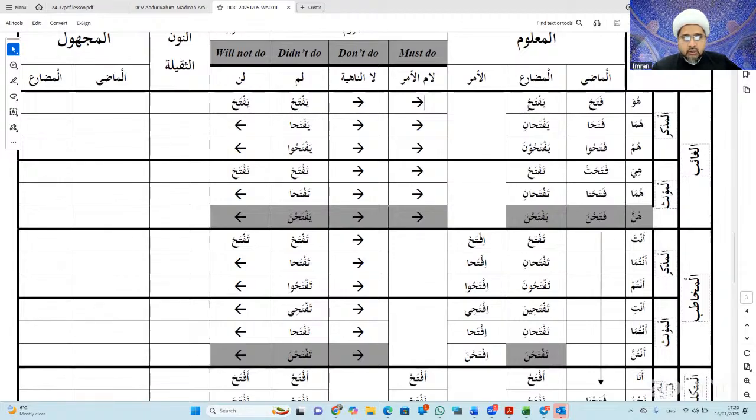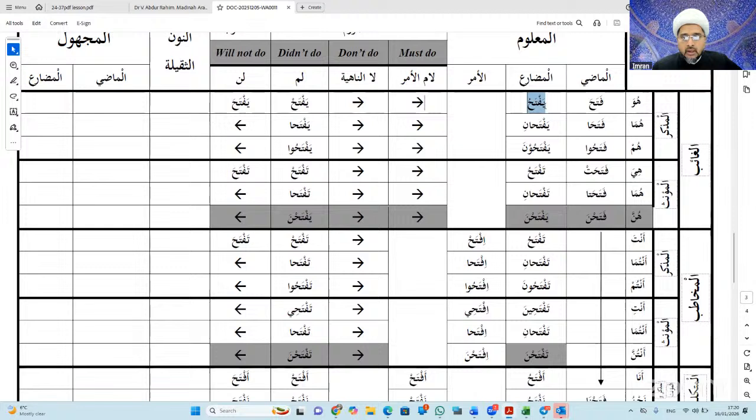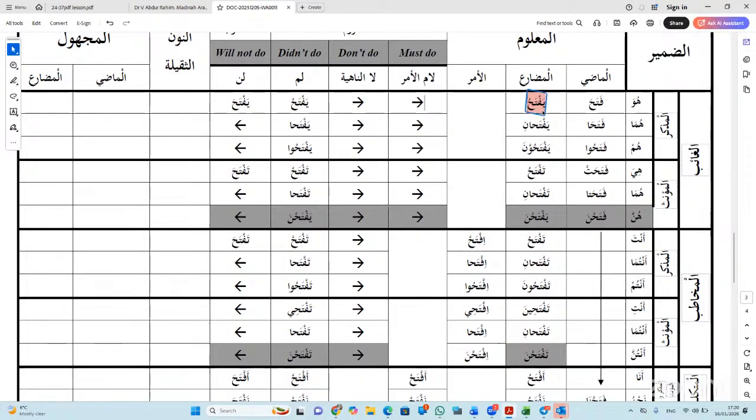Zaira, you want to come on the mic? Assalamu alaikum. So here, yaftahu. When I'm talking about the present tense having three states, I'm referring to the singular verb first. Yaftahu, so the last letter has a dhamma.